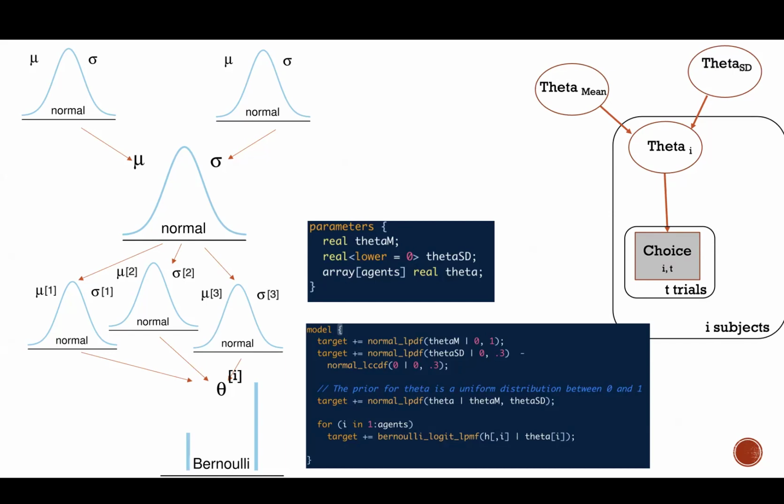Then we can loop through the agents and say that the vector of choices in column i, all the choices of these agents, since the random agent doesn't care about time or history, we can take all of them at the same time, is generated from a Bernoulli distribution where theta is on log odds. And here is theta i, a different theta for each participant. Does that make sense? This is your first multi-level model.